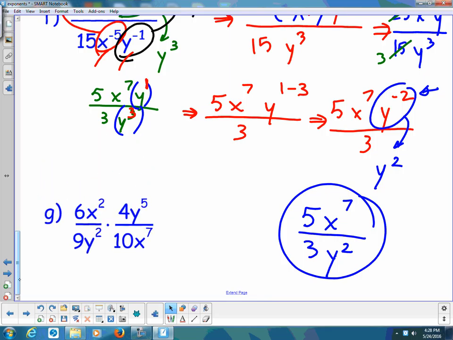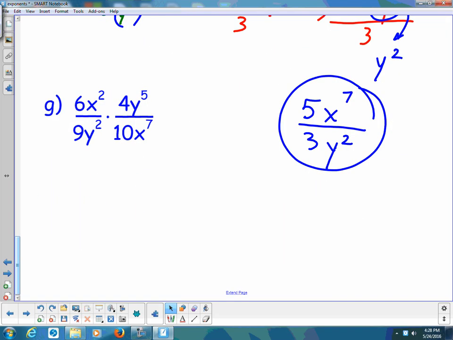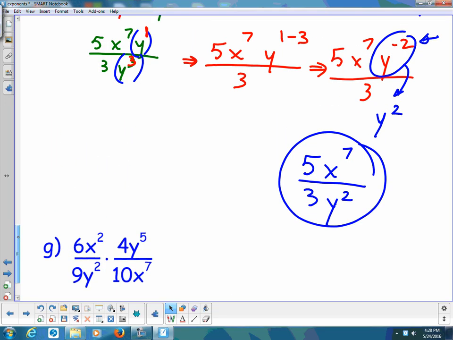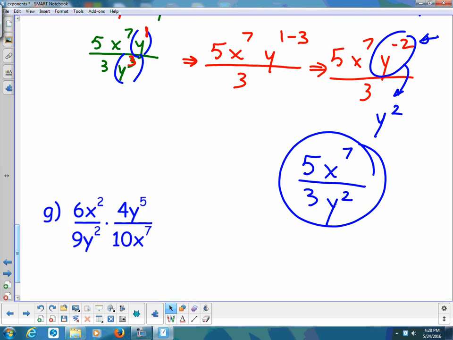All right, let's take a look at this one for letter G. In this example, we are simplifying 6x squared over 9y squared times 4y to the 5th over 10x to the 7th. You're multiplying two fractions, so I would just multiply my numerators together and then multiply my denominators together.